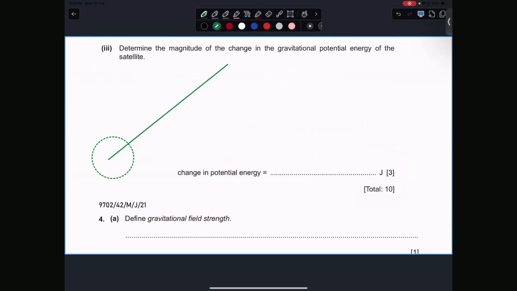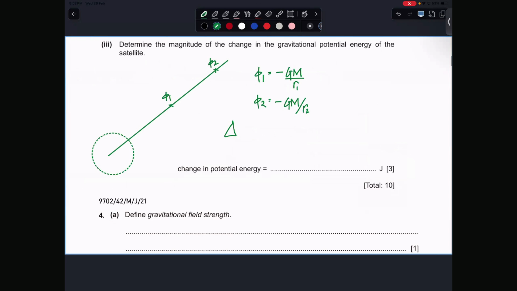Our satellite, what's at that location, we'll call it phi 1. It goes to this location, let's call it phi 2. Phi 1 is going to be minus GM by r1. And phi 2 is going to be minus GM by r2. এখন আমাকে change in phi বের করতে হবে. So to find change in phi, কোনটা মাইনাস কোনটা করবা? বড়টা কোনটা?